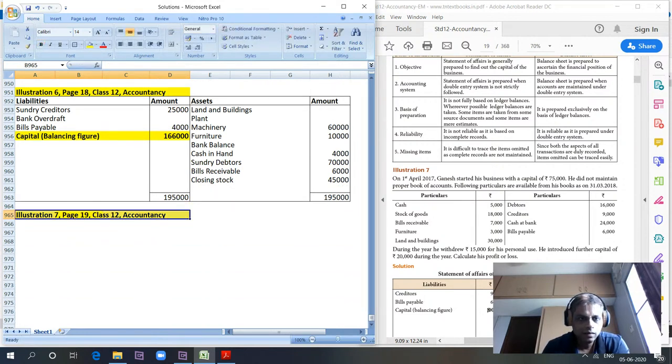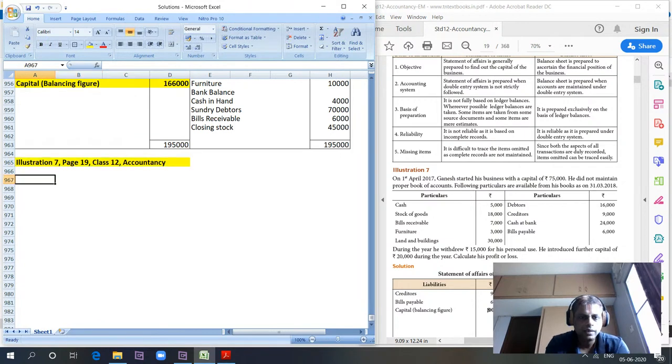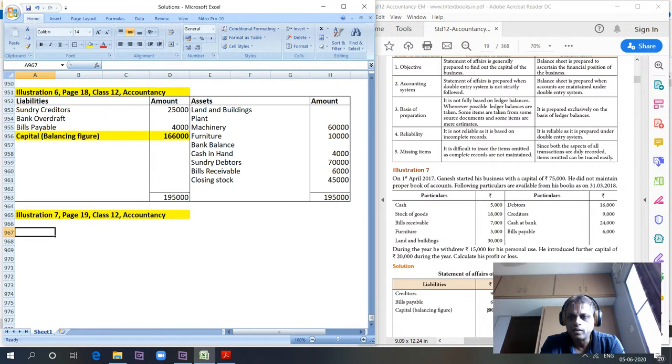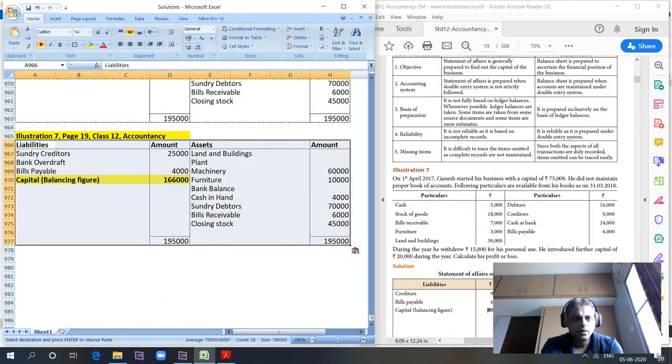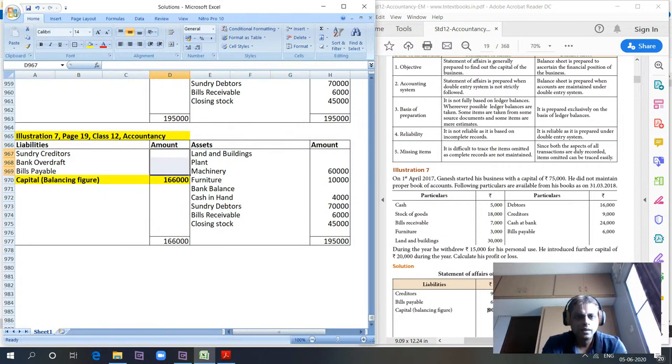Now, on 1st April 2017, Ganesh started his business with a capital of 75,000. He did not maintain proper books of accounts. The following particulars are available from his books as on 31/3/2018. Let's copy the format again, friends. This format is going to be useful for us to prepare. I'm deleting the existing numbers here.